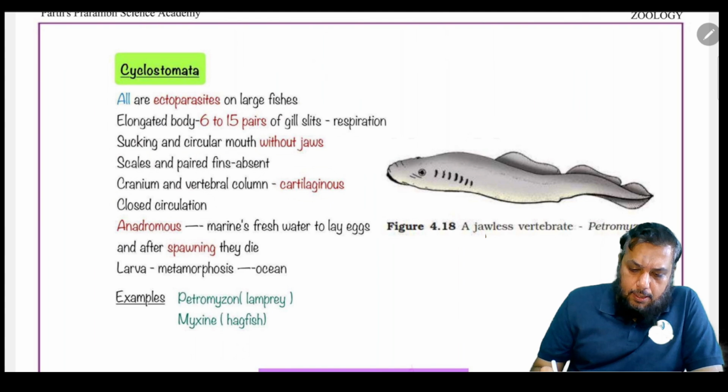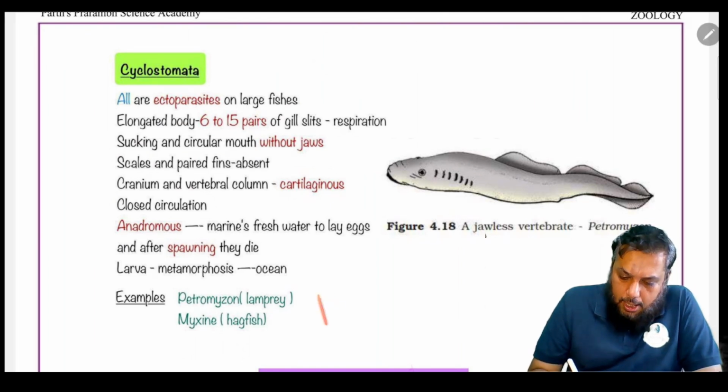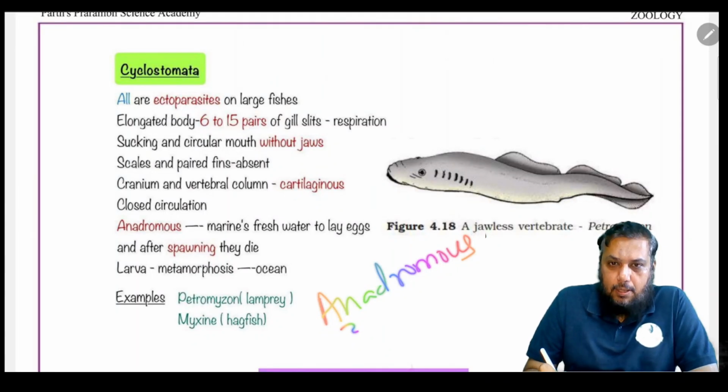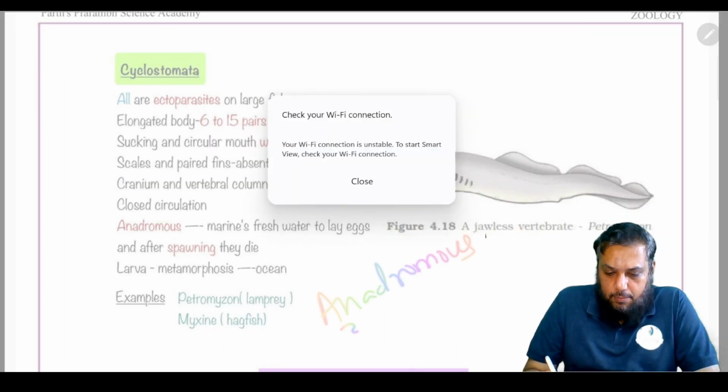Cyclostomes show anadromous migration. Meaning they move from marine water to fresh water to lay eggs, and after spawning they will die. Larvae will metamorphose in the ocean, grow, and come back to the fresh waters to lay the eggs.